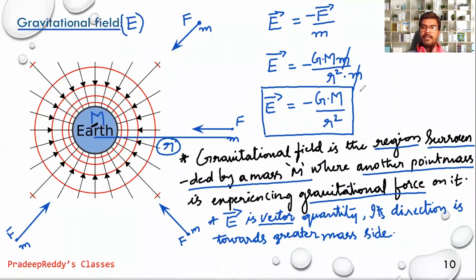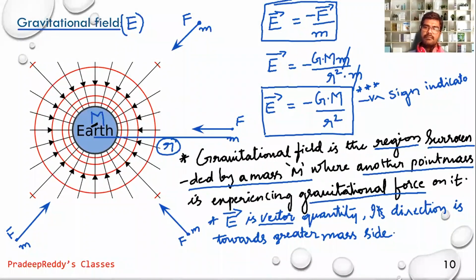Okay, and the mathematical equation for gravitational field is this: minus capital G capital M by r square, or even you can use this equation for solving problems as well. This is the gravitational field equation. One more equation: E is equal to minus F by m. This negative sign indicates that it is an attractive force.